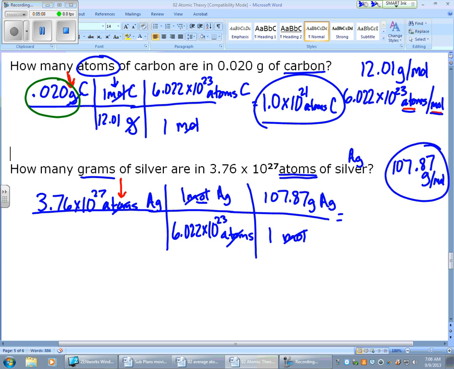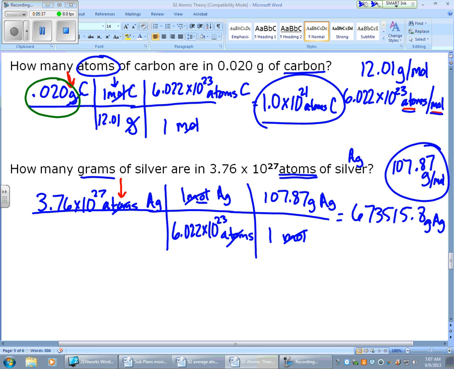Moles cancel. Everything on top multiplied together divided by everything on the bottom multiplied together. Times 107.87 divided by 6.022. And the calculator spits out 673,515.8 grams of silver.